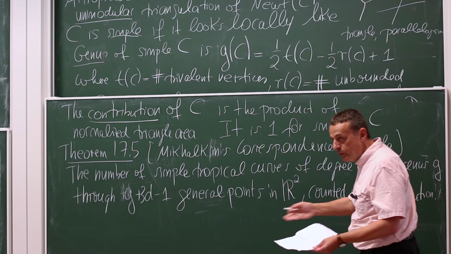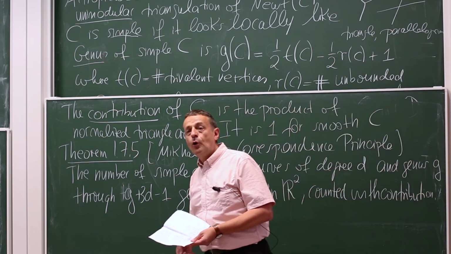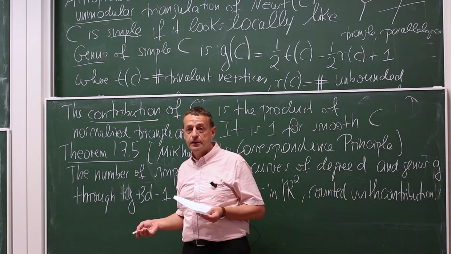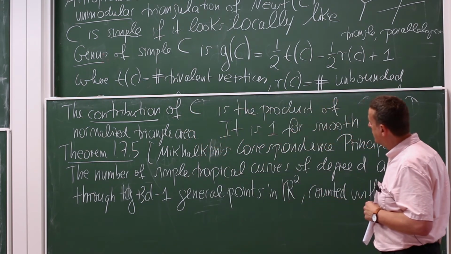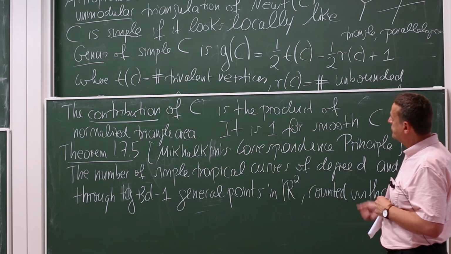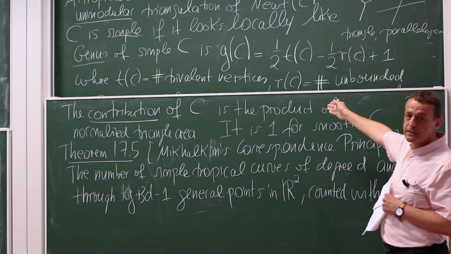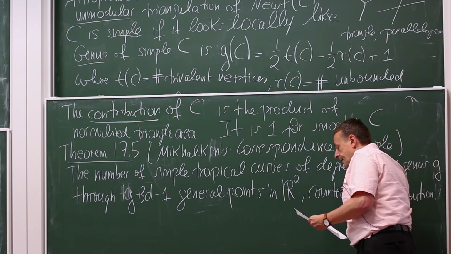Right? So you plot these points in the plane. You only allow simple curves that have the given genus and degree and pass through these points. But then such a curve might have a contribution defined as this. It's a positive integer. You add them up.